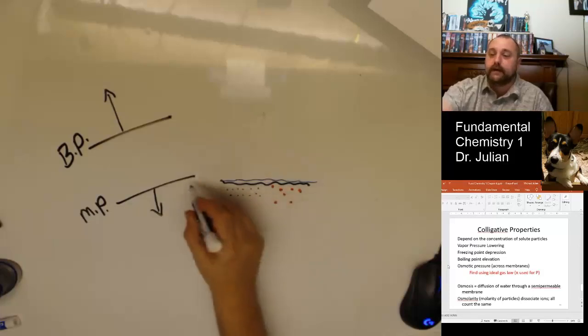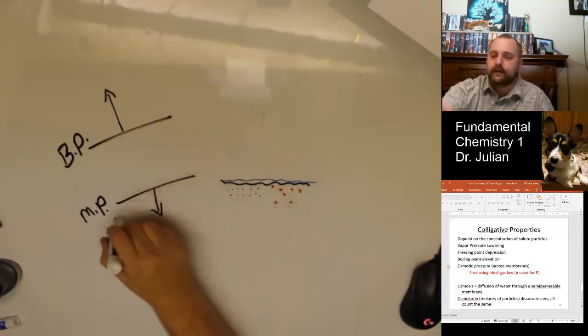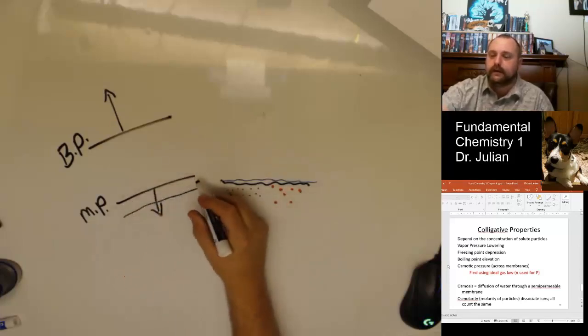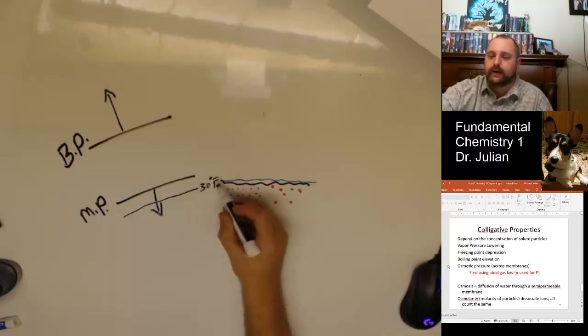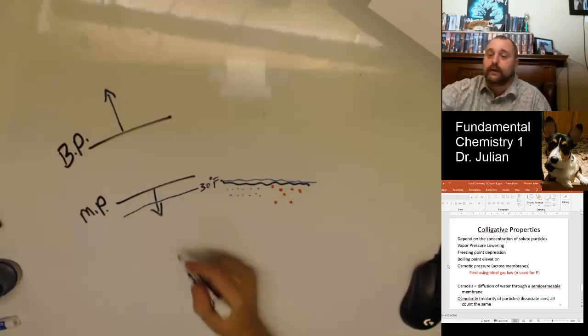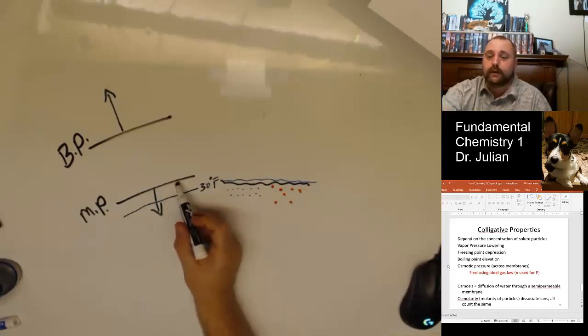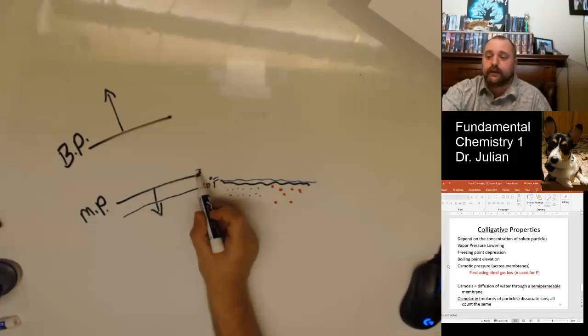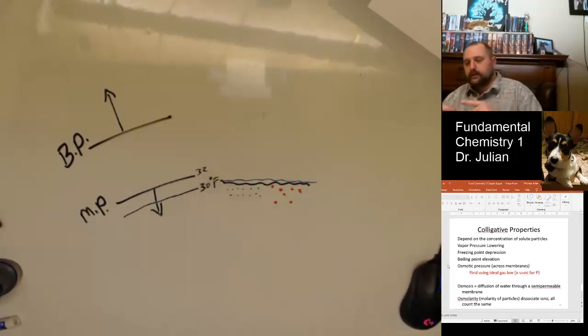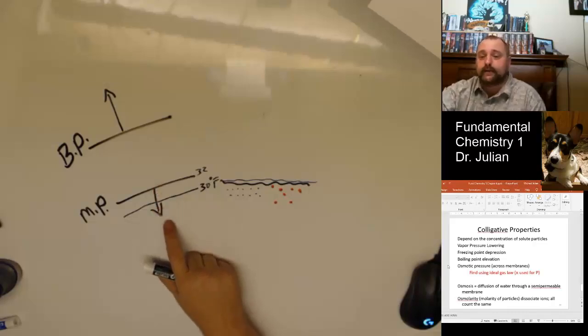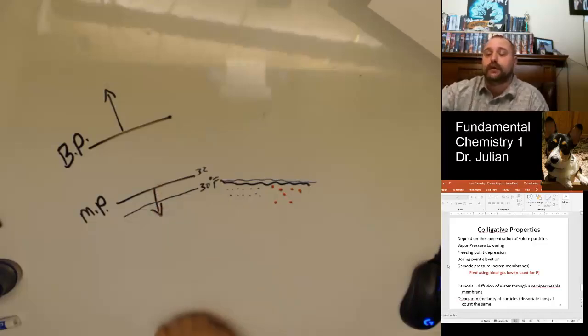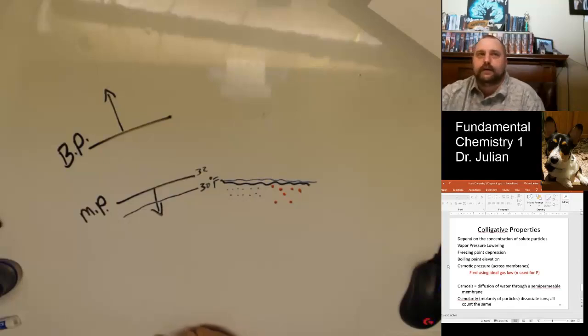Let's say it is 30 degrees Fahrenheit outside. So it's lower than the melting point of 32 for ice. But if I lower the melting point by adding some salt below whatever temperature it is outside, then it'll melt.